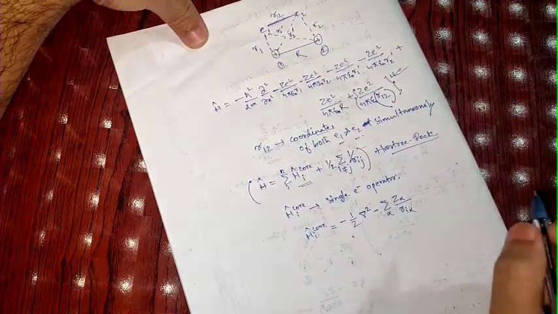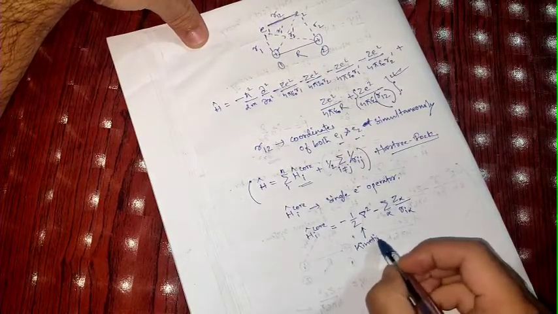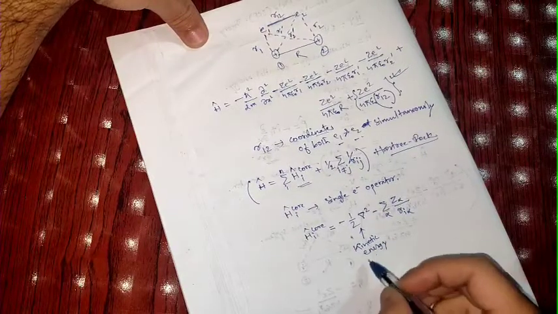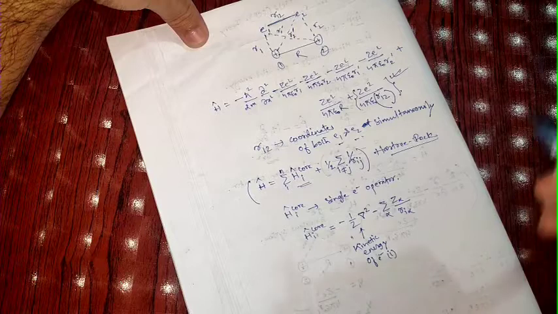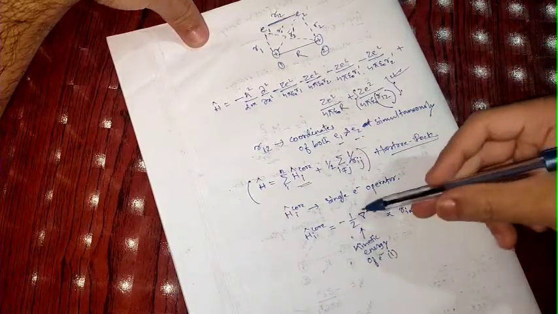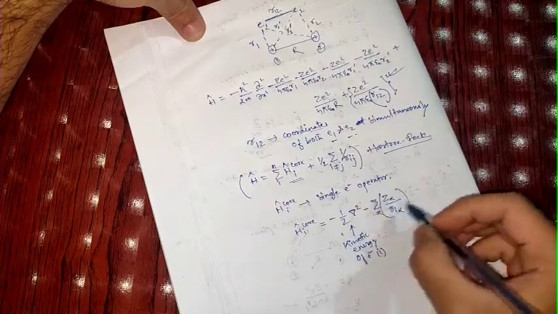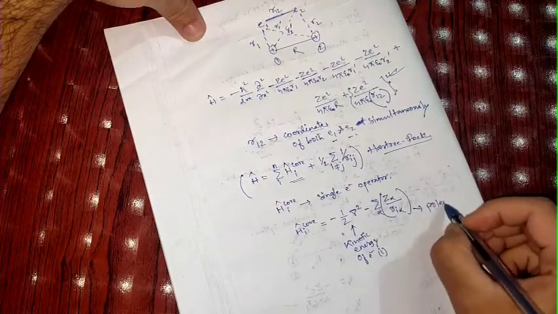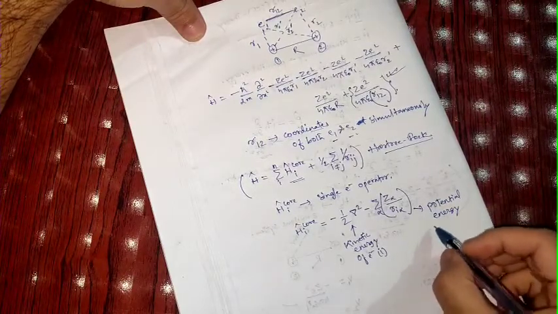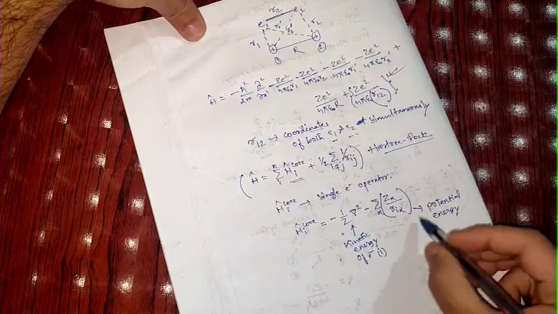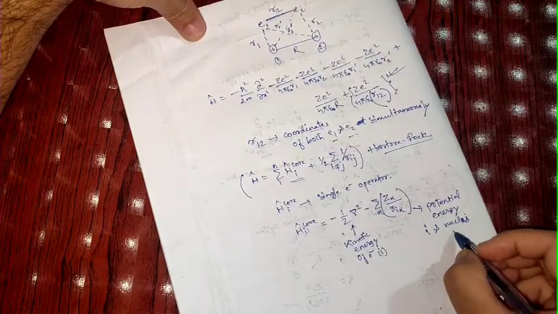Here, this is the kinetic energy part, the kinetic energy of electron i. Suppose the electron is i, then it is the kinetic energy of the electron i, and this part is the potential energy between electron i and the nucleus alpha.